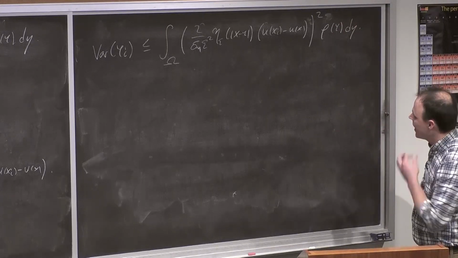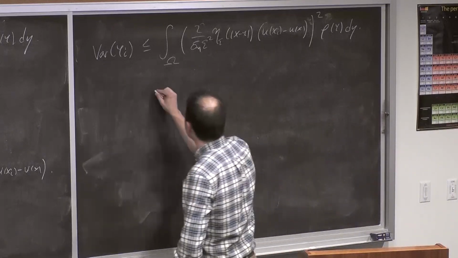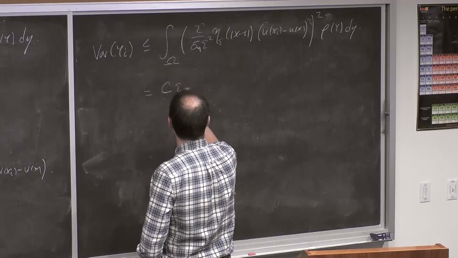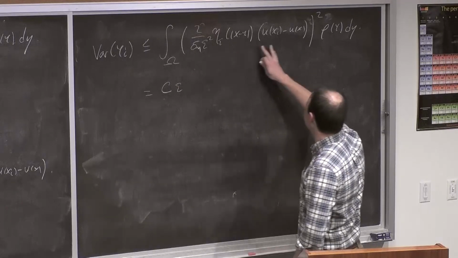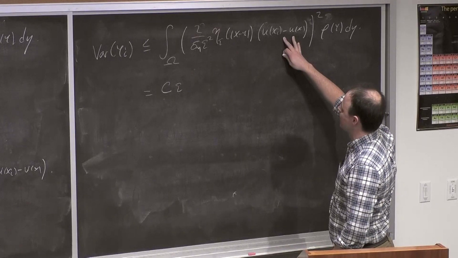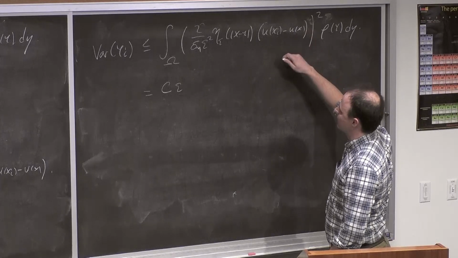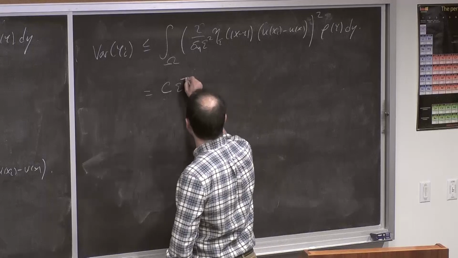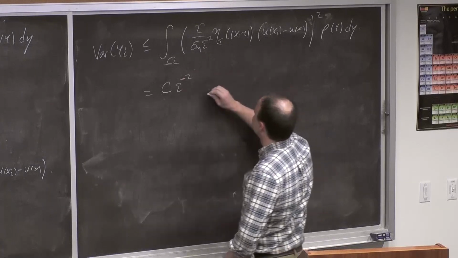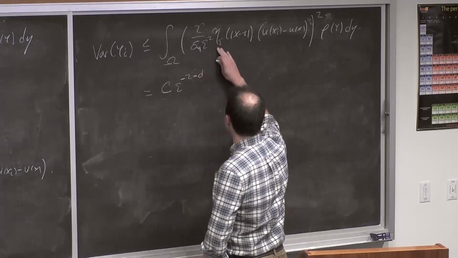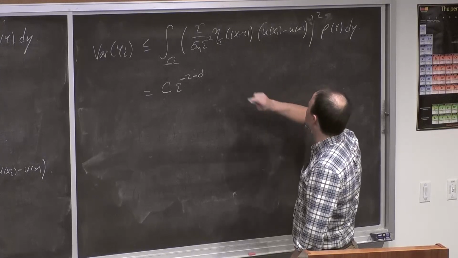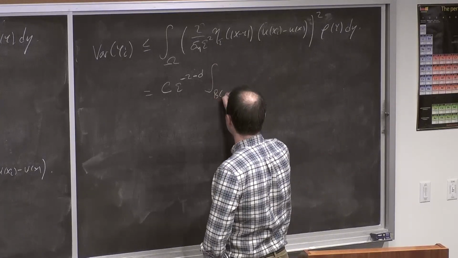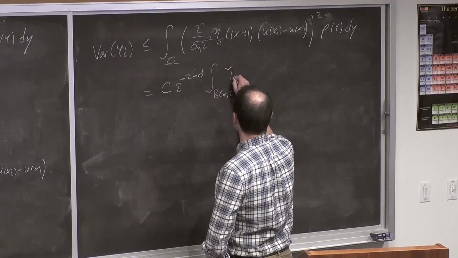Okay. And if I see how big everything is, right? When I square this stuff, I'm going to get a constant epsilon to the minus. So here epsilon squared, that gives me a 1 over epsilon as well. And I'm squaring it. So it's like epsilon to the minus 2 from this and from that. And I get epsilon to the minus d from this thing, right? Actually, I have 2 copies of this. So one of them I'll pull out to epsilon to the minus d, and one of them, it's the integral over the ball of this guy.